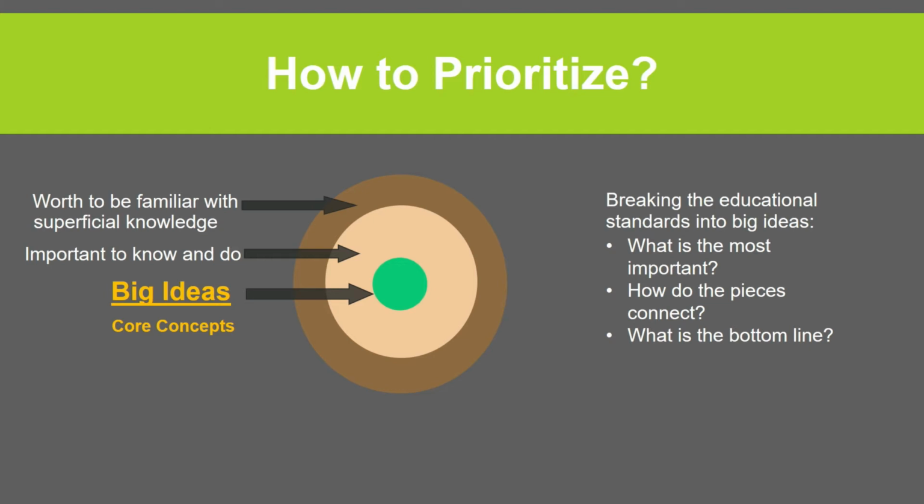And what's the difference between perhaps the serving if you used 1% milk, the calories in 1% milk versus the calories in 2% milk? So that's good to be familiar with, but you wouldn't necessarily want to assess them on how many calories are in those servings. And then as you then go back to where you initially maybe were drawn to, and that is that center dot called the big idea.